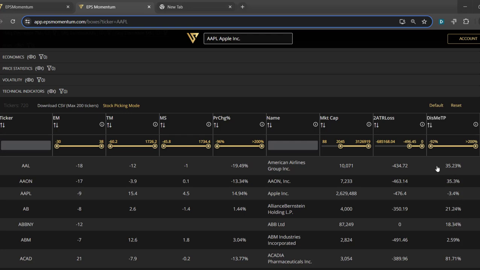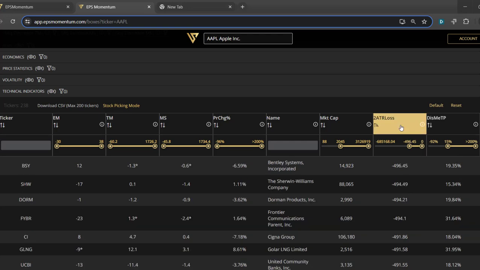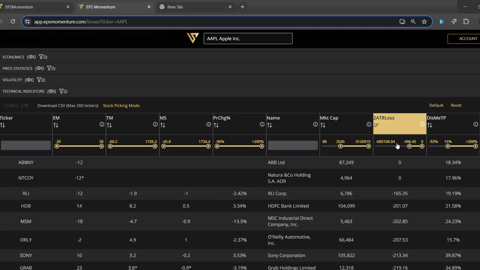But let's say, for example, American Airlines here, the first one, has a 35% distance to the mean target price, and you're going to lose about $500. So if you want some stocks that have a little bit to run, maybe about 10-15%, that'll be your target upper boundary, and then you would want to sort by the minimum loss that I can make.